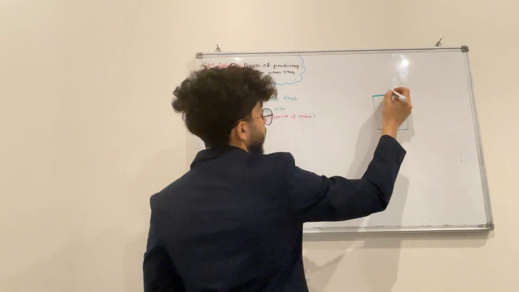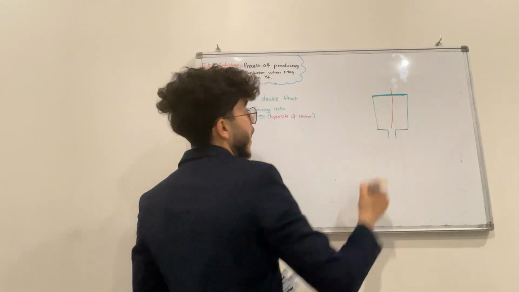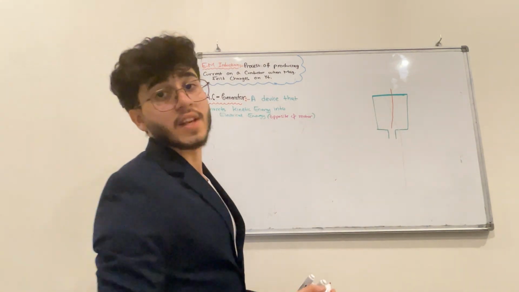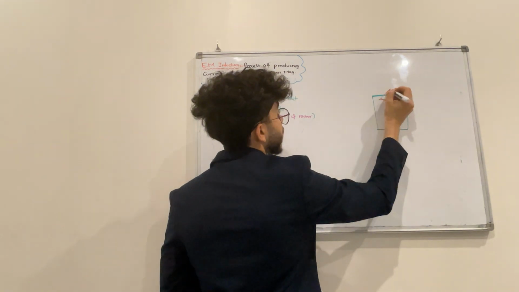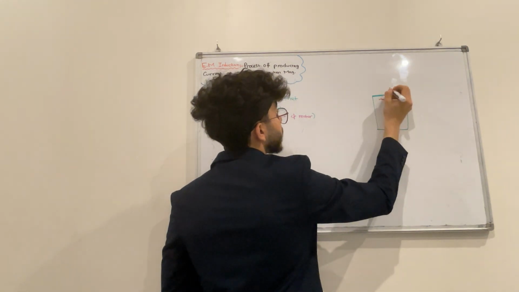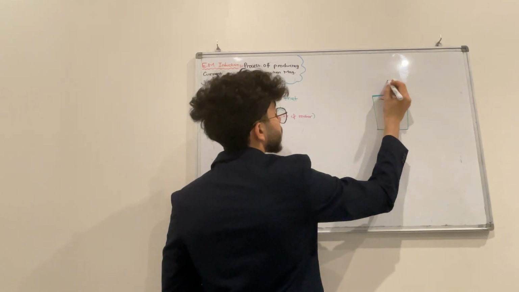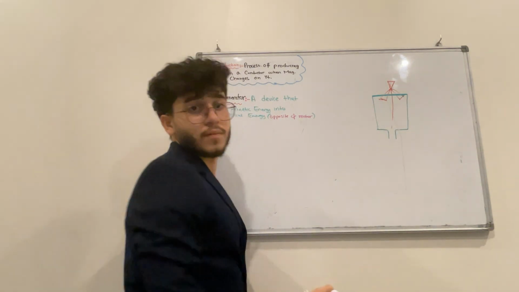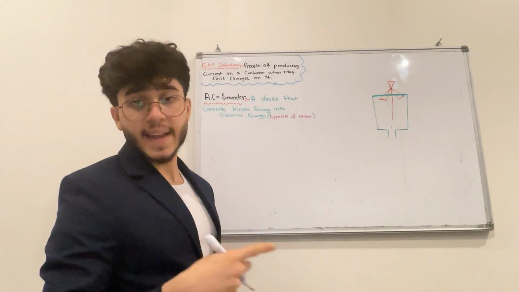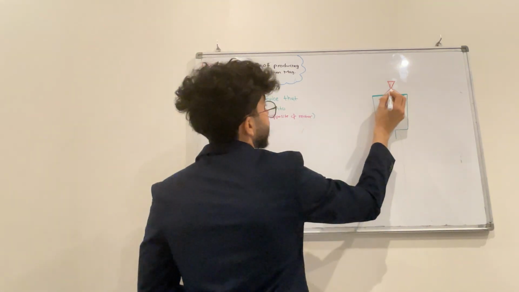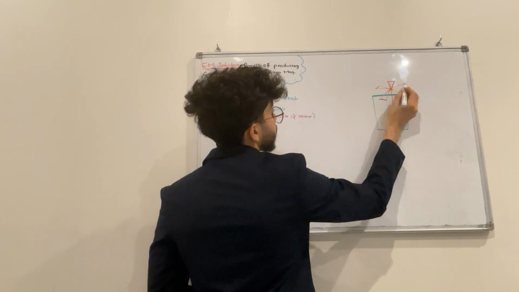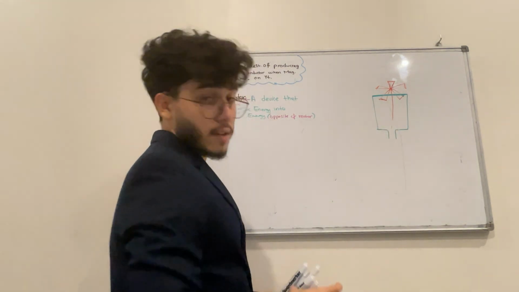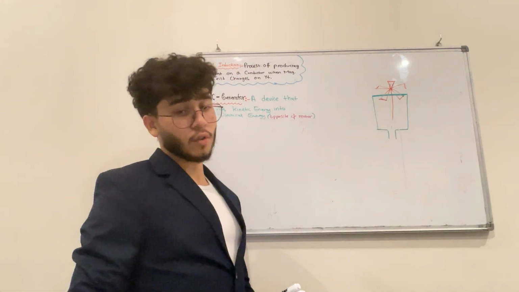So we have something over here in the center, and this is what we call the turbine, all right? The turbine is going to rotate and generate kinetic energy. The kinetic energy is going to produce the electrical energy. So we have the turbine in the center, which is on the axle.